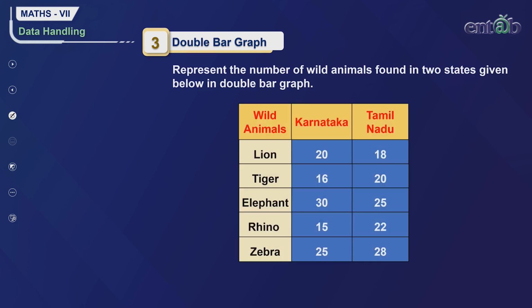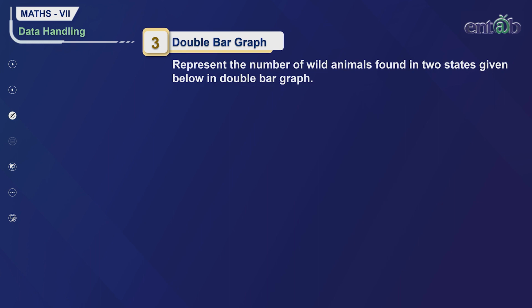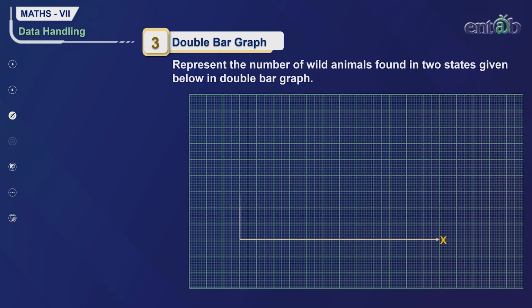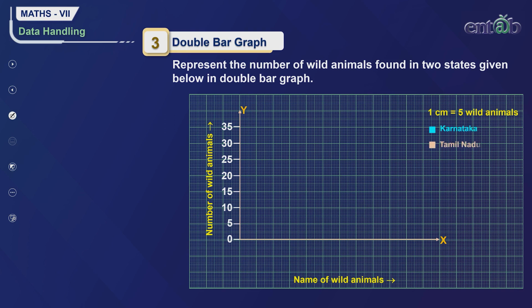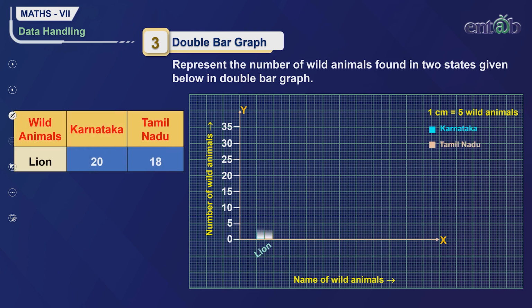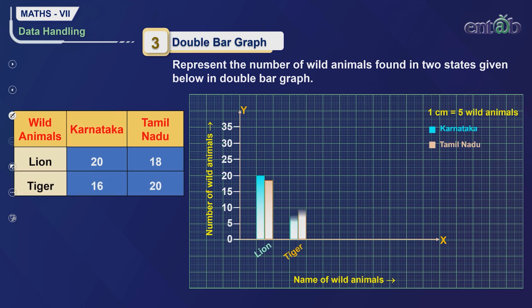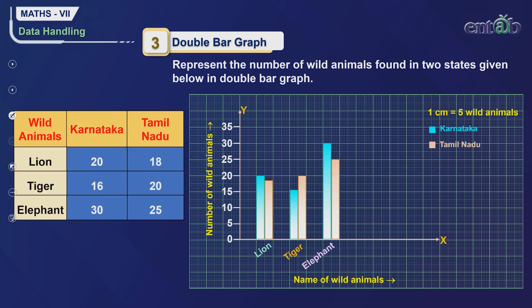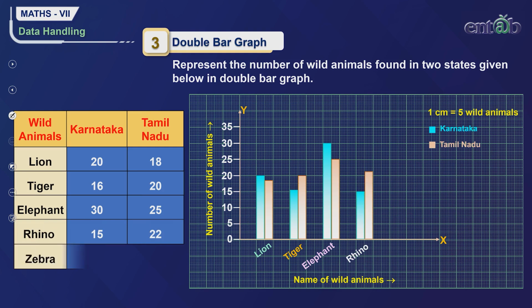Here we need to represent these types of wild animals which are found in Karnataka and Tamil Nadu. So here we can see that we will draw the x-axis and y-axis and choose the scale accordingly. Now we will represent the data for Karnataka and Tamil Nadu, first for lion, then tiger, then elephants, then rhino and then for zebra.